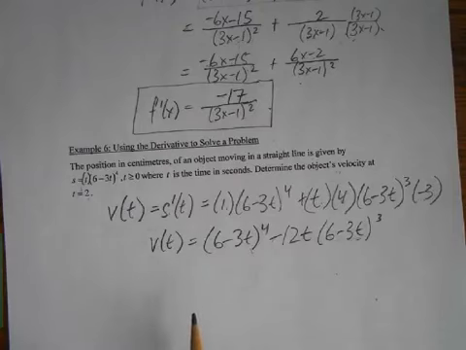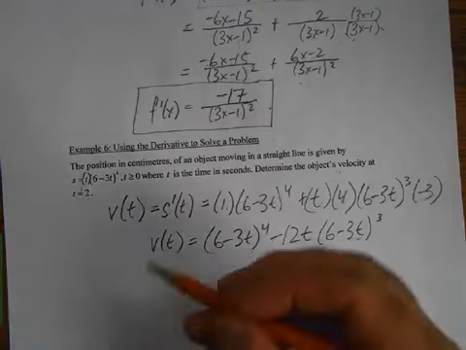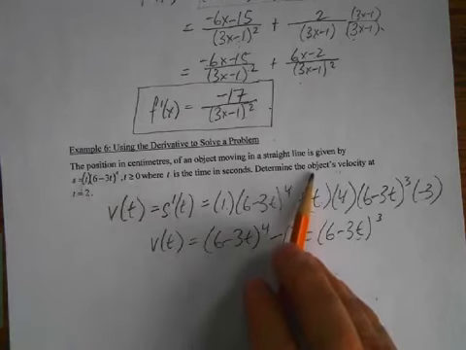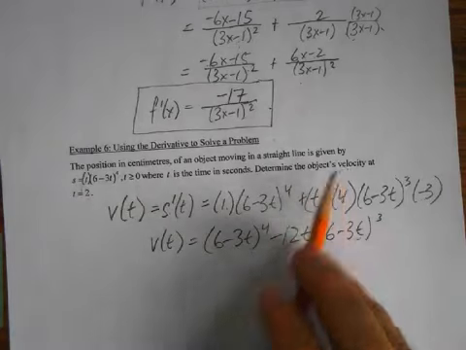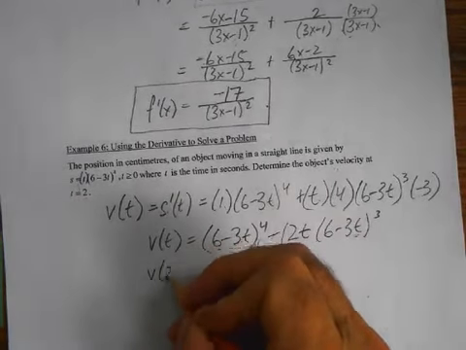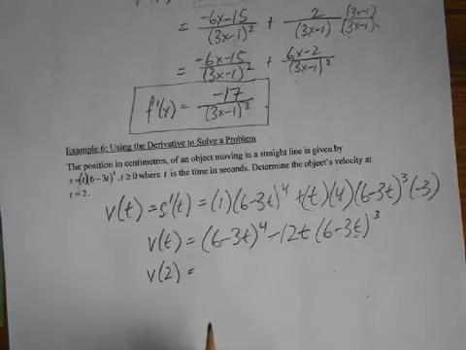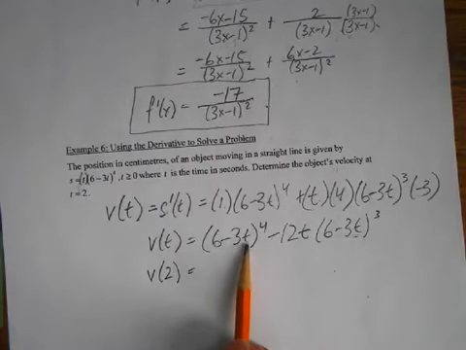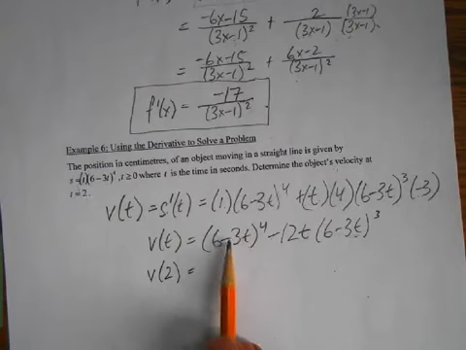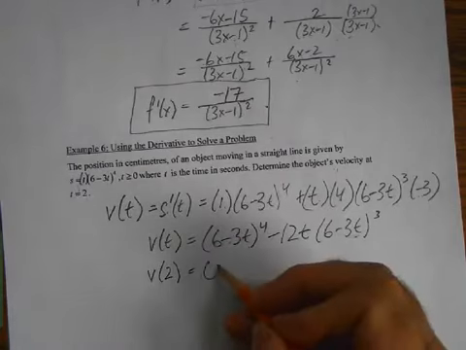Okay. Now, what we want to know is the object's velocity at t equals 2. So that's v at 2. In this case, t is equal to 2. This one is actually pretty quick, because if I plug in a 2 here, 6 minus 3 times 2 is 0. 0 to the power anything is 0.